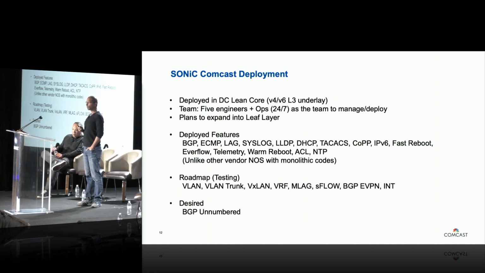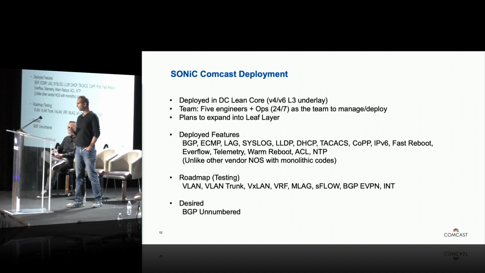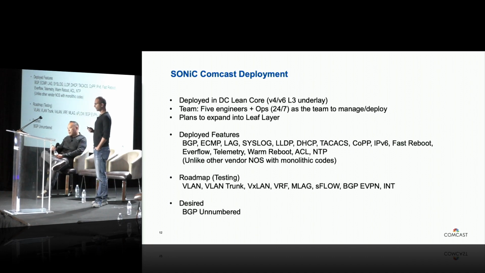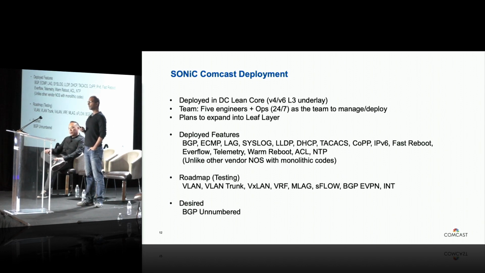But what's deployed now is pretty simple. We are doing LLDP, BGP, ECMP, DHCP, the generic management features, ACL, NTP, TechX, and stuff. We do want to get to some of the layer 2 things next year, including VXLAN and BGP EVPN.